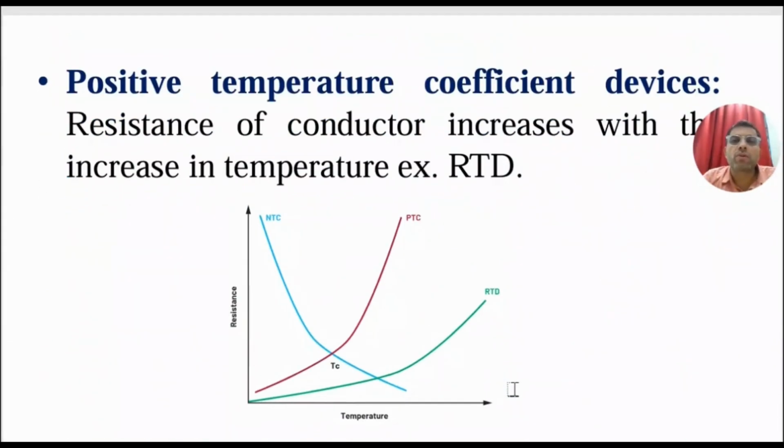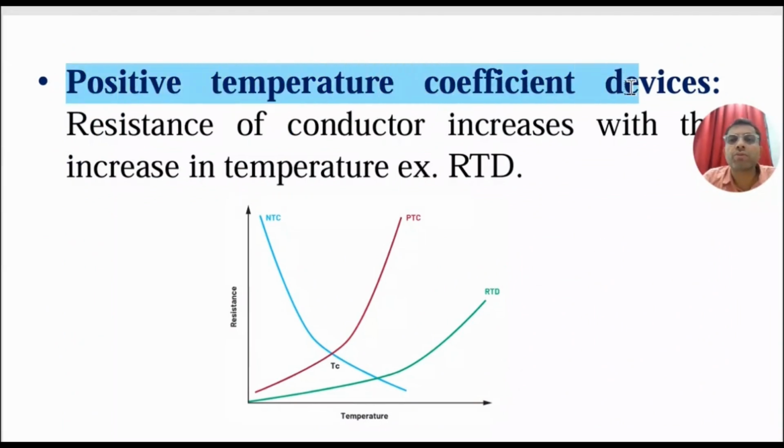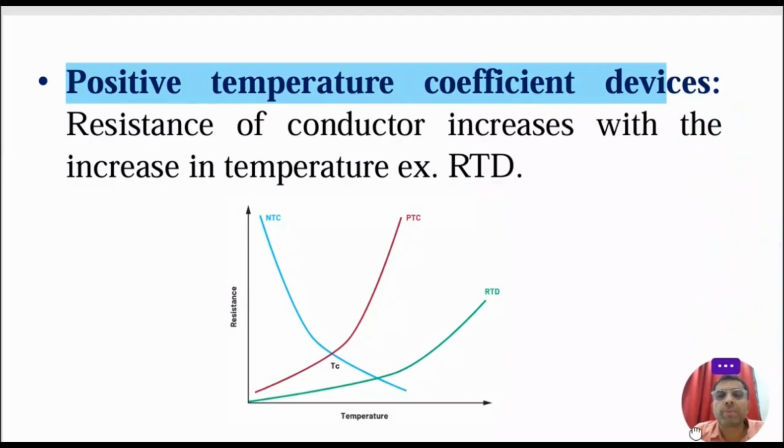Now there are two types of temperature coefficient devices. The first one is the positive temperature coefficient device. What is a positive temperature coefficient device? The resistance of a conductor increases with increase in the temperature. It means as the temperature increases, the resistance increases, right? So it is called a positive temperature coefficient. Now what about negative temperature coefficient?